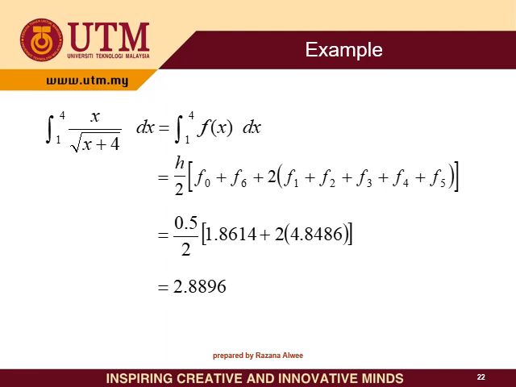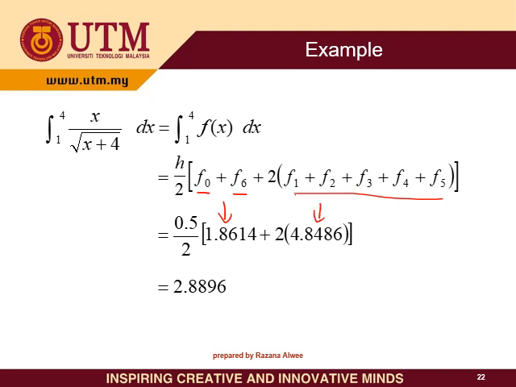Why do we have two columns in the table? Because this is your f0 and f6. This is the first column summary, the total 1.864, and this is the total of all the middle rows from 1 to 5.